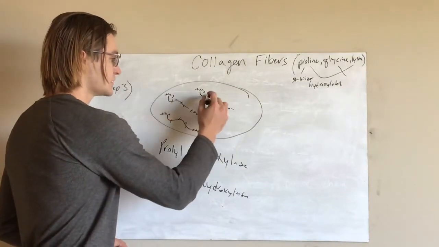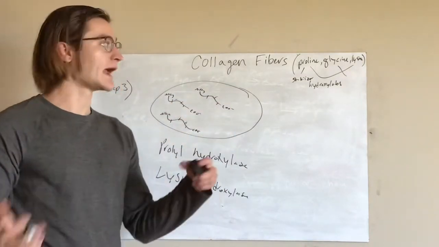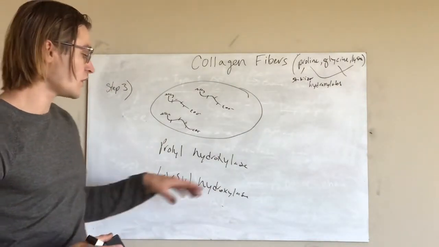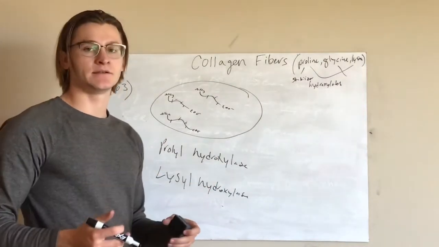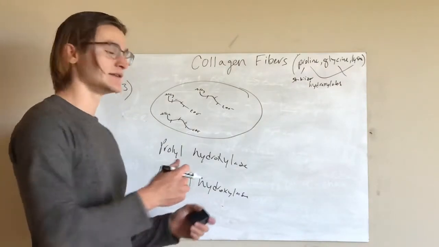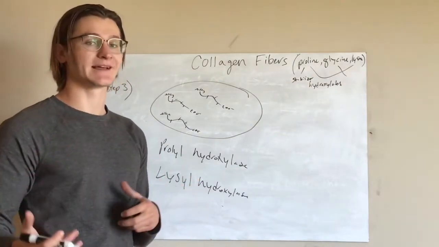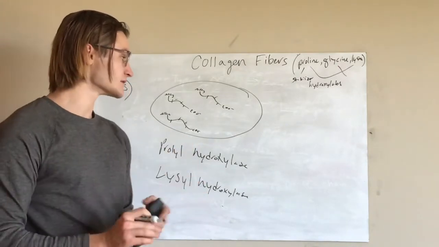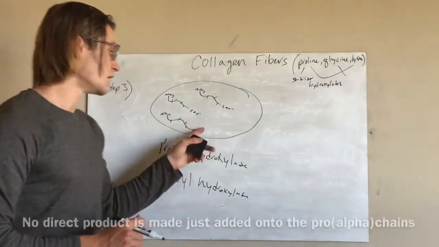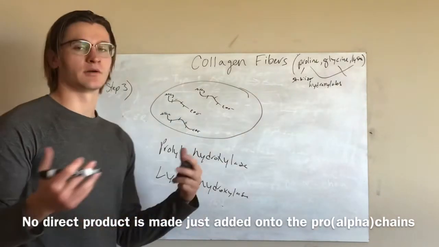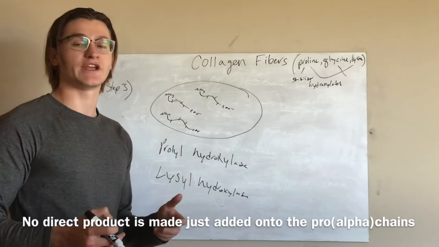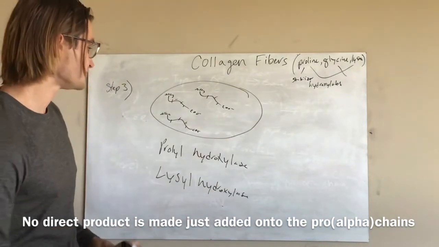So we'll get these mix-ups, and this makes different alpha types. Our hydroxylated lysines will also sometimes be glycosylated as well. So they'll be glycosylated in step 3 and hydroxylated to form our pre-collagen chains, or pretty much our pre-alpha chains.